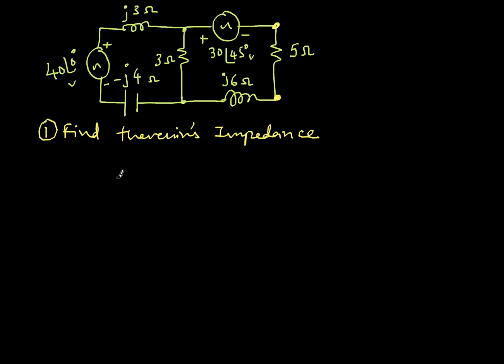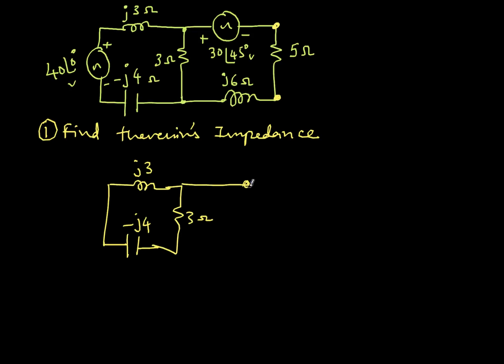So let me draw the circuit here. This is short circuited, and then this is J3 and this is minus J4. Then here I have a 3 ohm resistance, and this voltage source is short circuited, and here I have a J6 ohms.